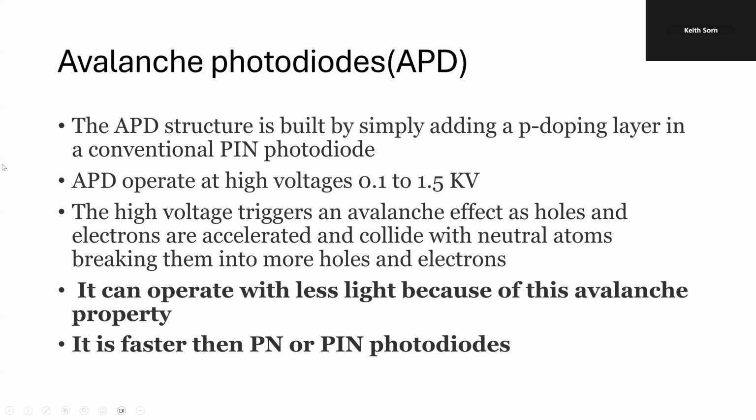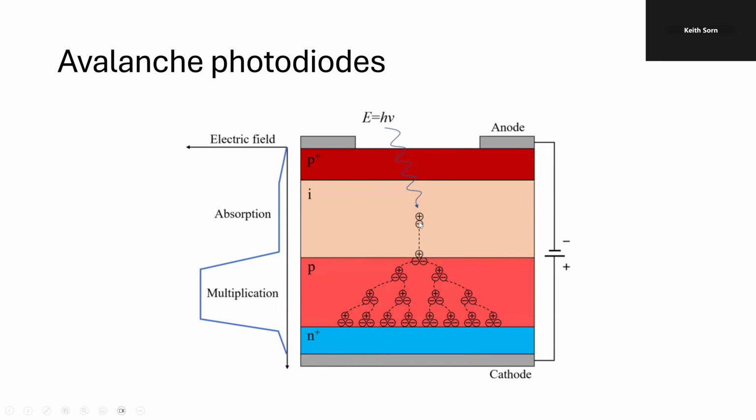The avalanche photodiode operates at a high voltage, from about 100 volts to about 1.5 kilovolts, as opposed to under 1 volt with the PIN diode. The high voltage gives the ions and electrons a lot of energy. It accelerates them. When it accelerates them, it gives them enough energy.